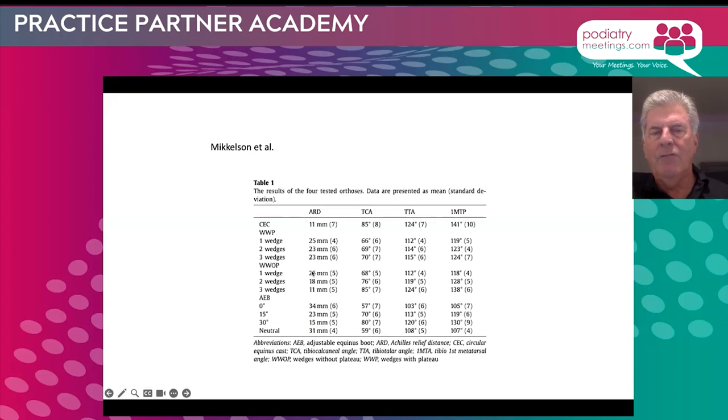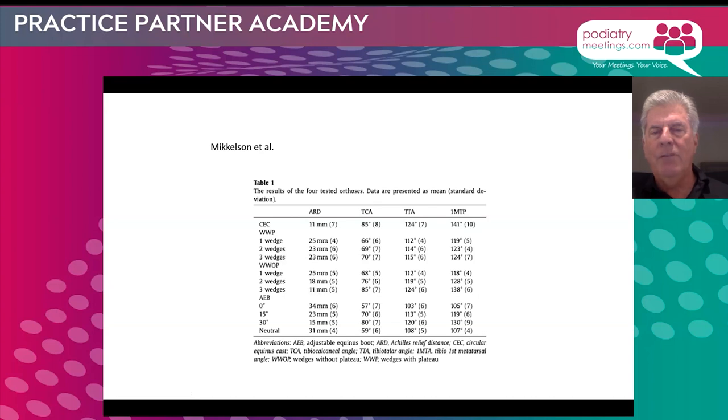The data is shown here. So the equinus cast achieves this AARD of 11 millimeters, we want to see a small number here. These numbers are all big with 1, 2, or 3 wedges. That's the platform heel lift. This is the wedged inclined heel lifts without a platform.